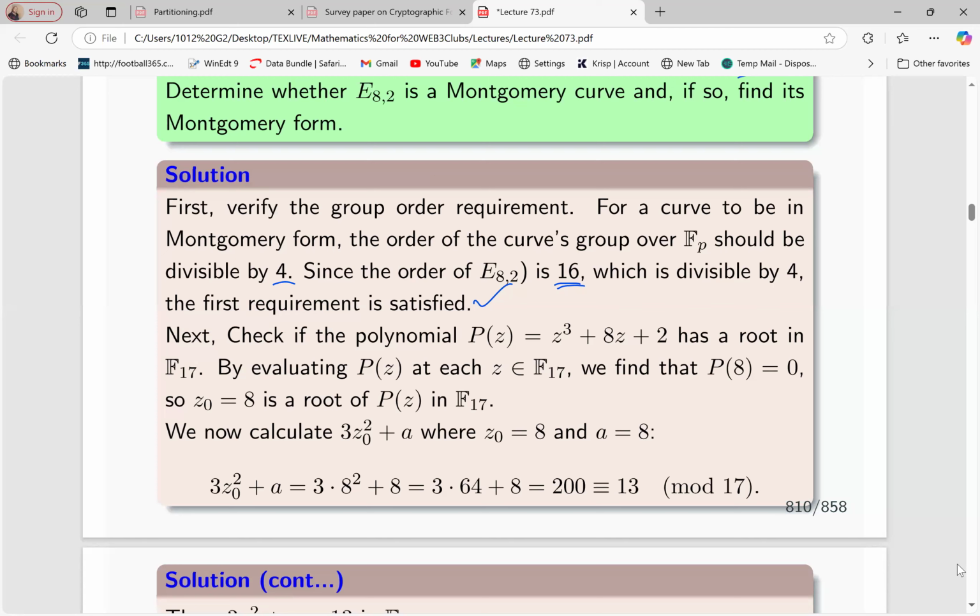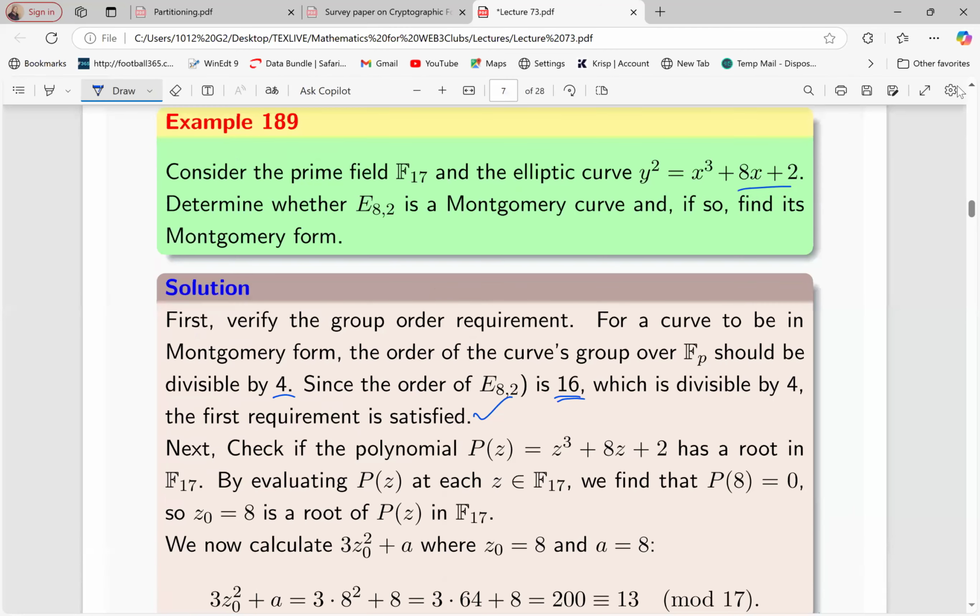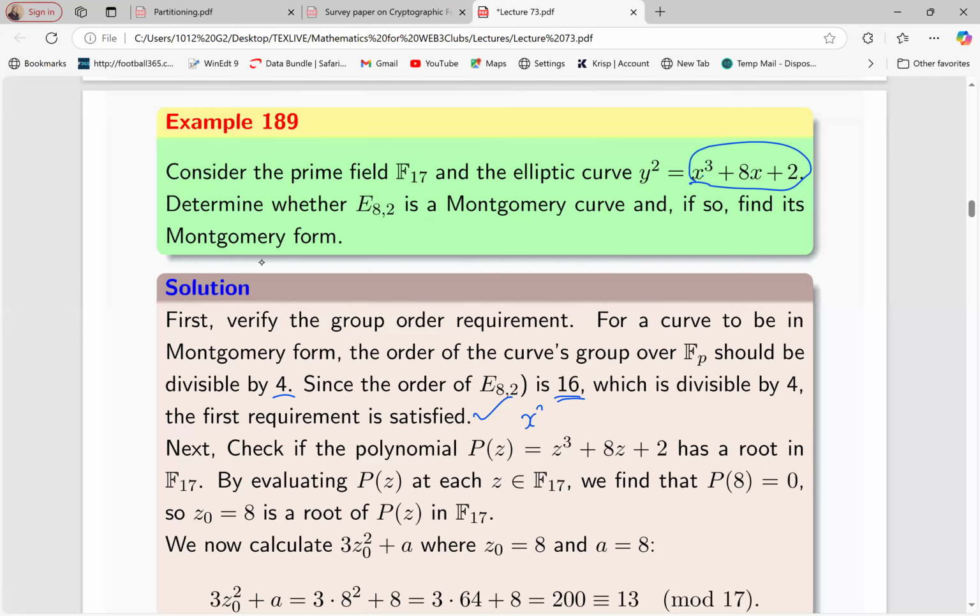The other requirement is to take the polynomial on the right side and find out whether we can solve it for x. So the polynomial is this on the right side. We want to determine whether you can solve this polynomial and get x if you equate it to 0. Can you find x? Of course, you are doing this mod 17.